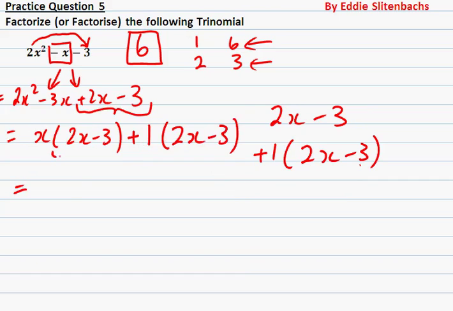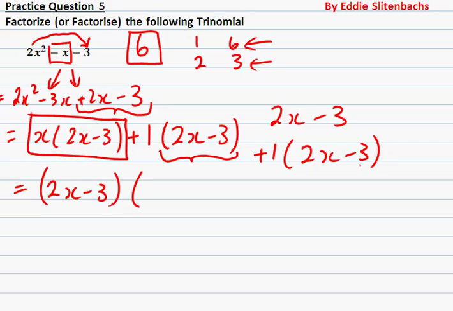Alright. Now let's do our check at this point, and our brackets are identical. If our brackets are identical, that whole bracket is a common factor. So I'm going to take 2x take away 3 out the front as a common factor. Then the 2x take 3 in my first term is going to cancel and leave me with just the x.